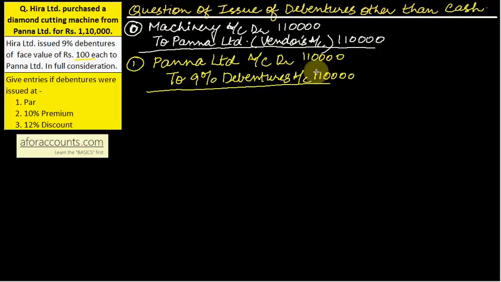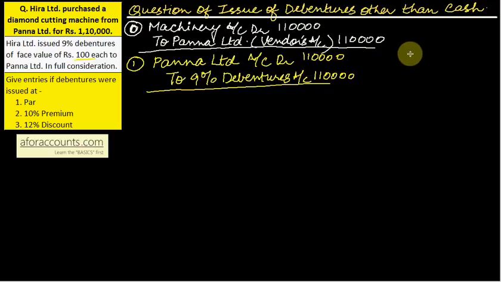How will you calculate the number of shares? Number of debentures. This is the question of debentures. So, see, what is the consideration? What was the formula? Number of debentures is equal to purchase consideration upon nominal value if it is at par. So, what is the purchase consideration?